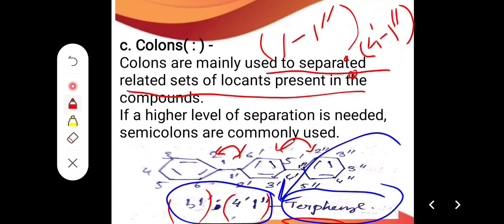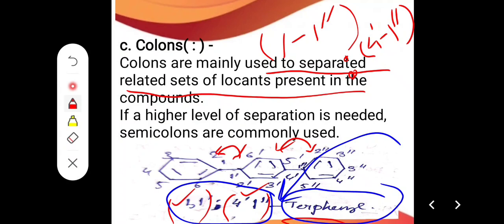Colons are used for separating the sets of locants. If similar types of locants are categorized in a set, in that case the sets are separated by colons. In 1 prime and 4 prime 1 double prime, that should produce two sets, and these two related sets are separated by a colon.